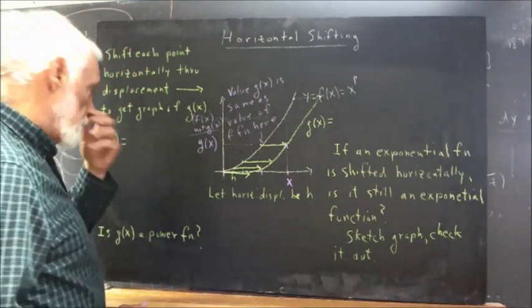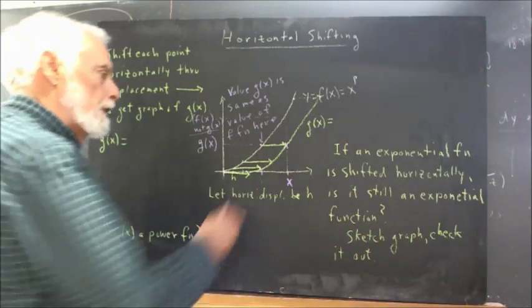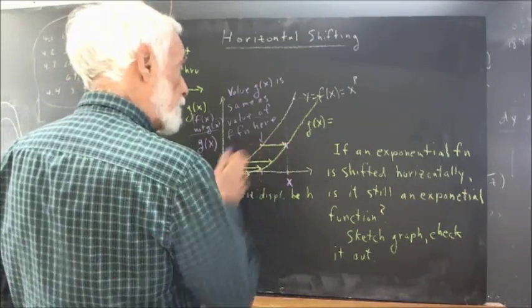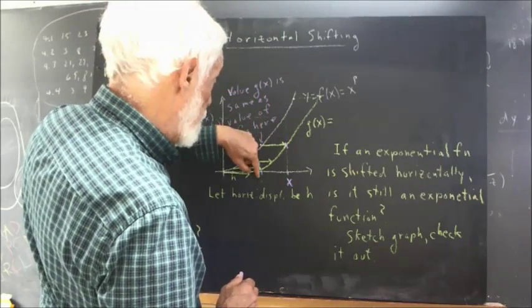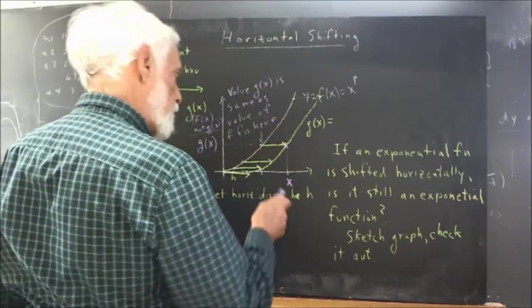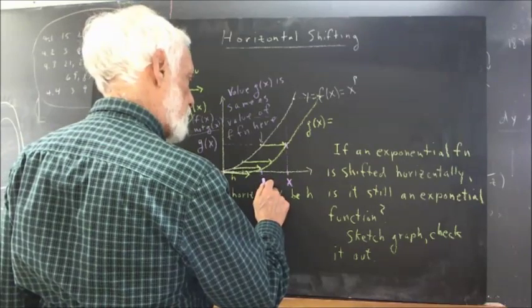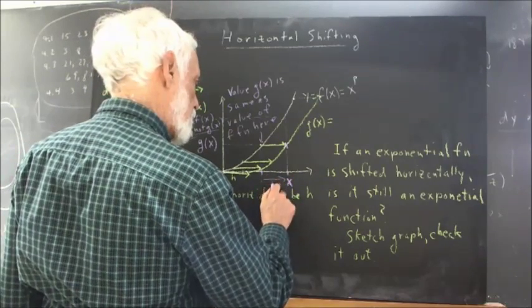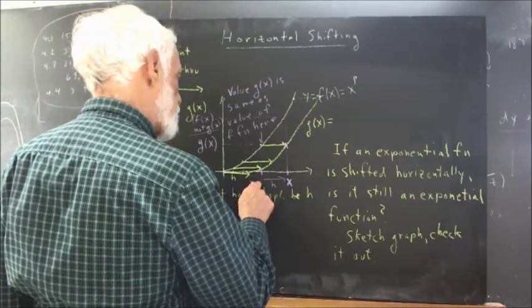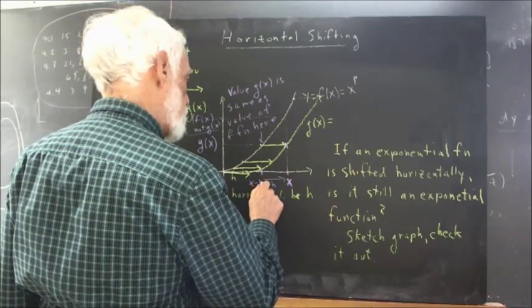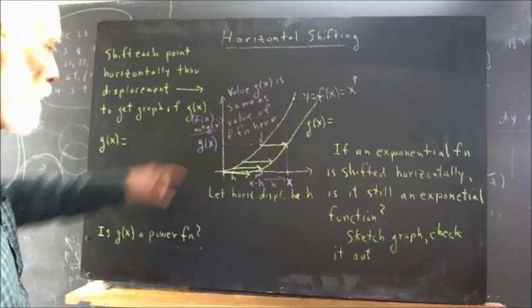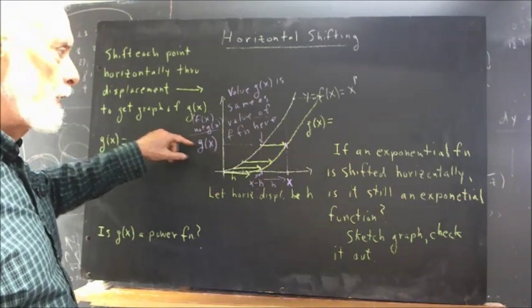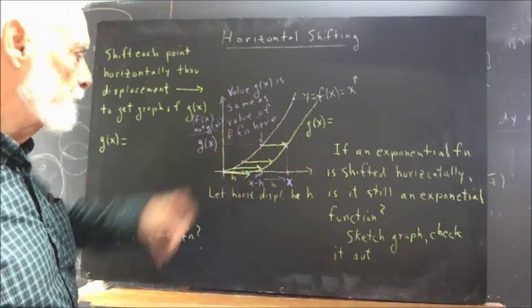Well, it should be pretty clear that this point is x minus h, because if we add the displacement h to the x value here, we get this displacement. So we know that this displacement is h, so that this coordinate is x minus h. So that now we see that g of x equals the value of f at x minus h.